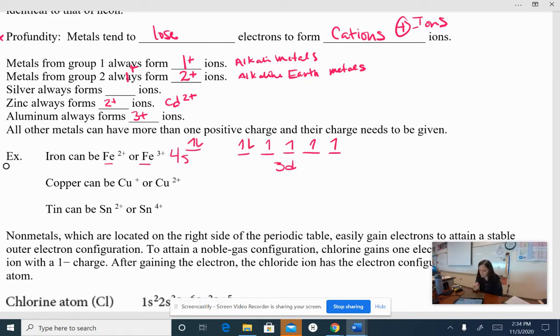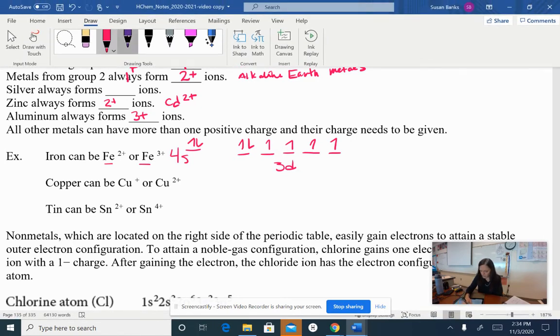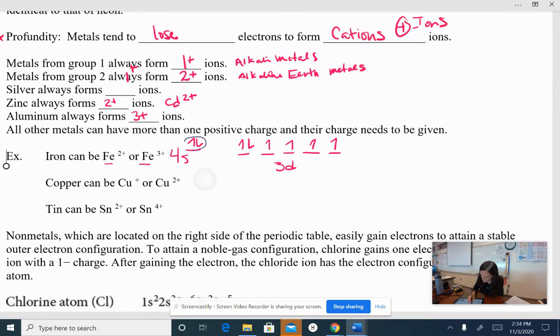Okay, so this is our orbital notation for the valence of iron. So to create the +2 charge, the valence electrons go. These electrons go away because those are the outermost ring. If those electrons go away, that creates us the iron +2.